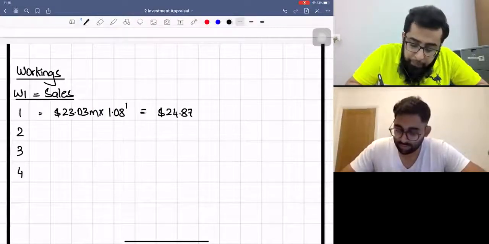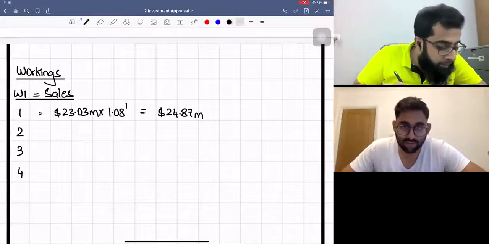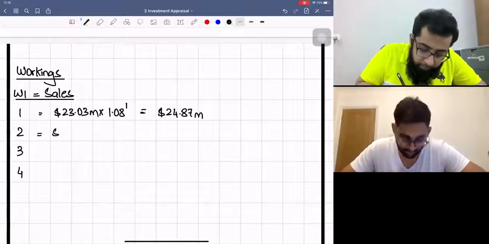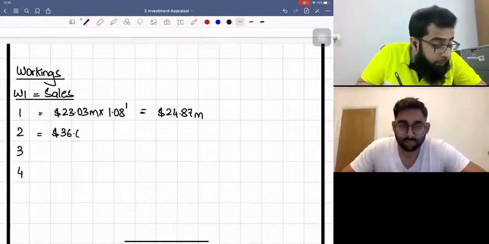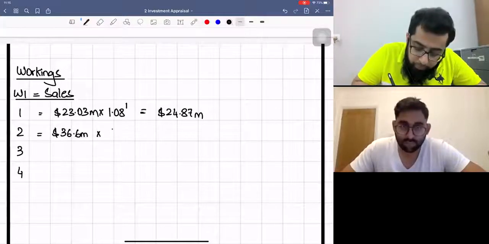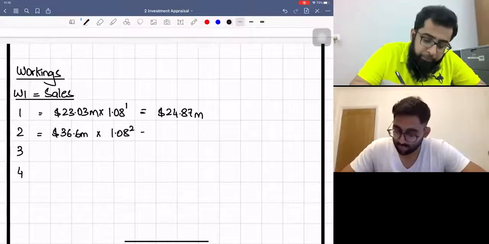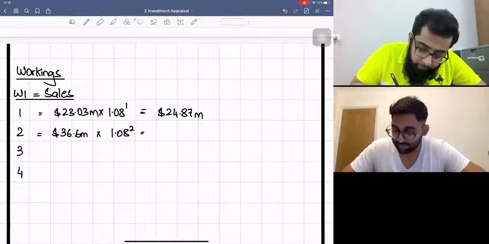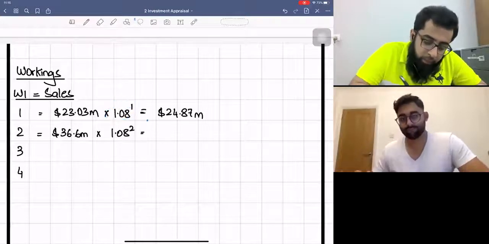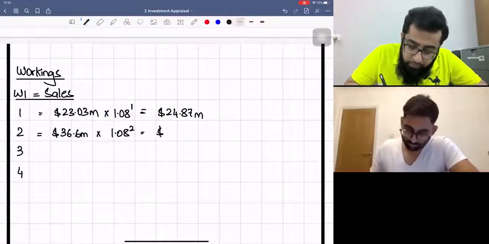Then the next one is 36.6 million times 1.08 to the power 2, that is 42.69.